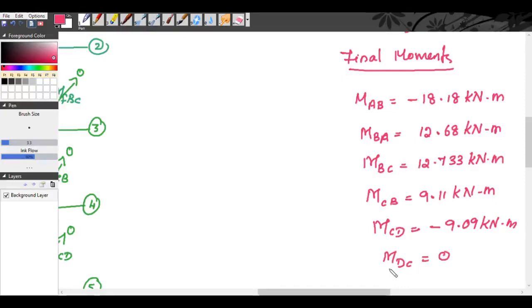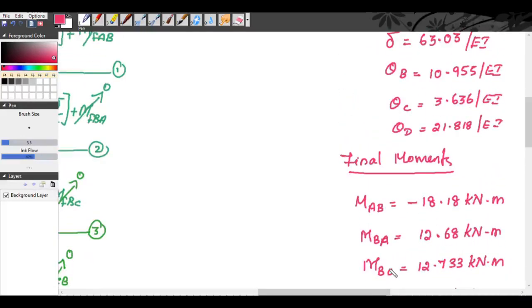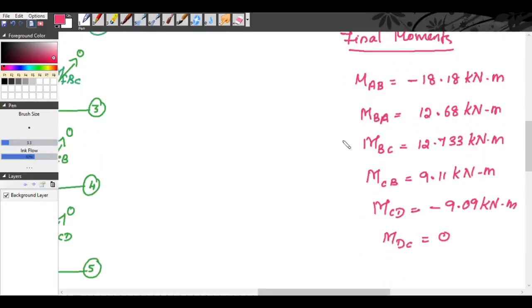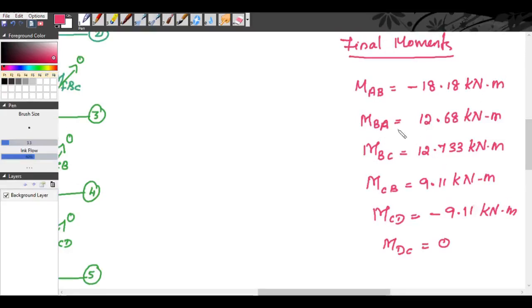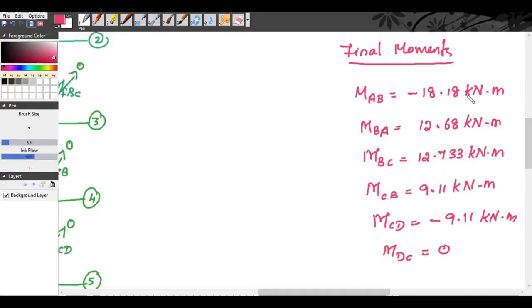Now we will draw our moments. Okay, see MBA. So here this will be approximately equal to 9.11. Okay. Now see MAB is minus 18.18. At B, that is BA plus BC.